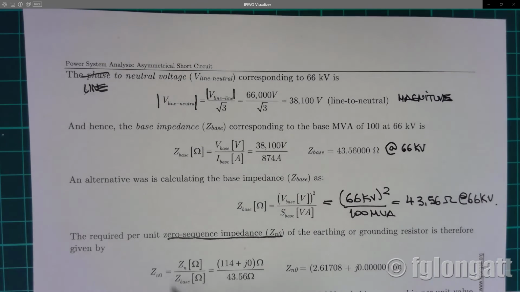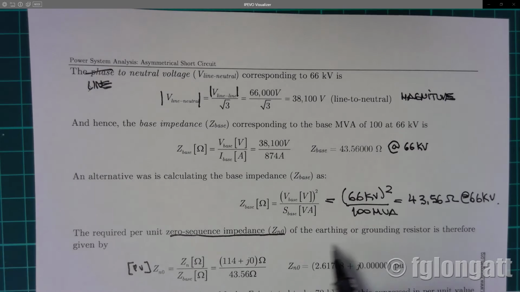This is the basic definition: the zero sequence impedance in per unit is equal to the impedance in ohms divided by the base, and we divide the 114 ohms resistance by the impedance base, 43.56, and we get this beautiful number over here, 2.61 per unit, and that is the resistance in per unit, okay?